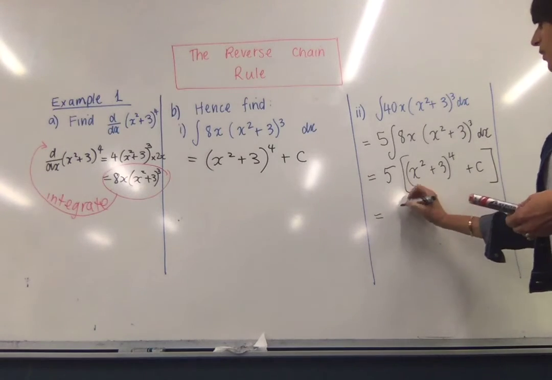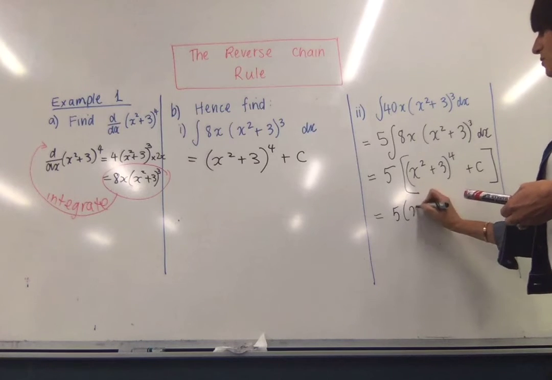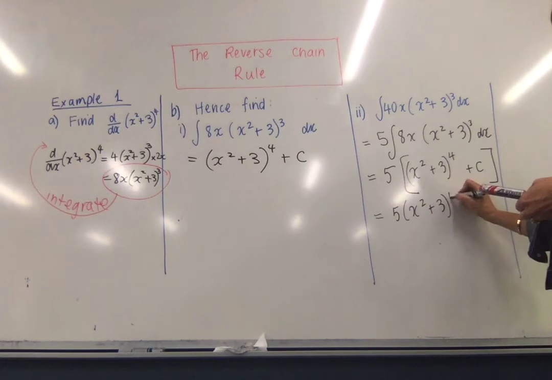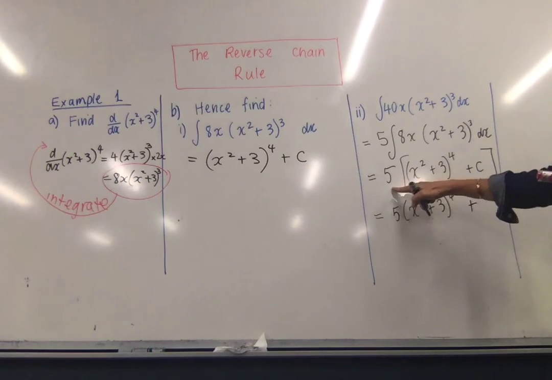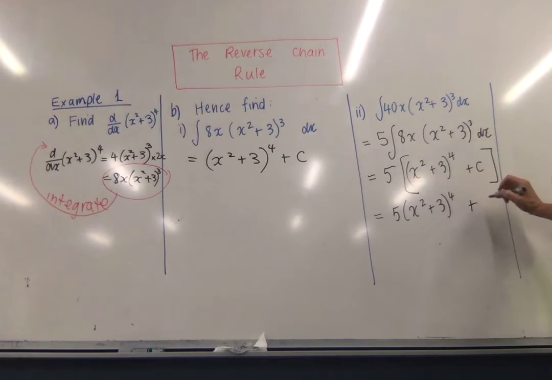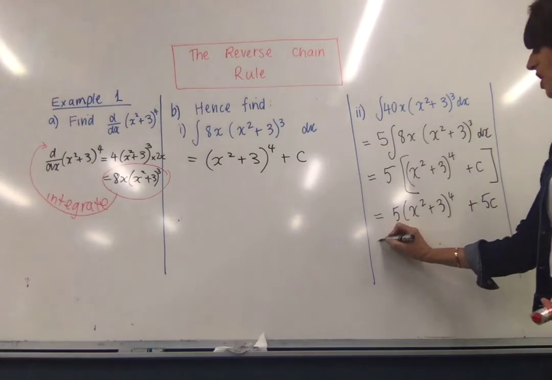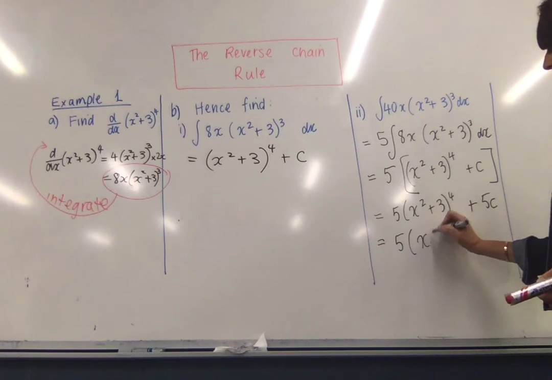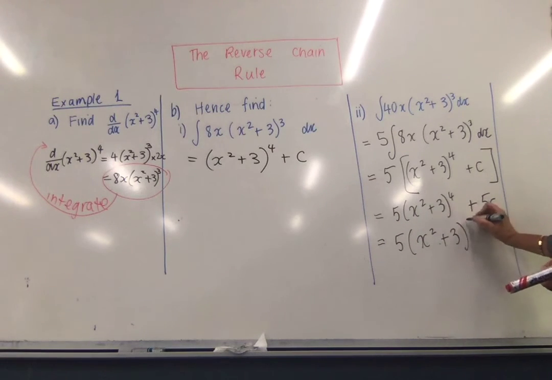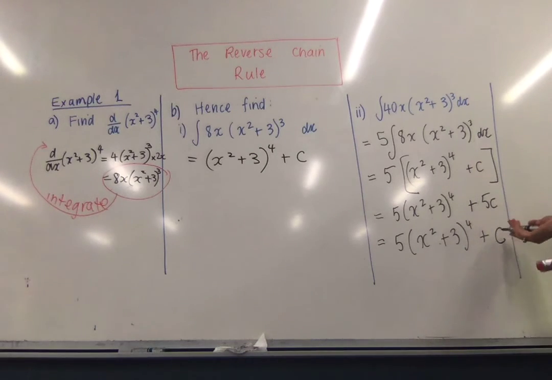So now we'd say that this is 5 times (x squared + 3) to the power of 4. And I know you're probably tempted to go, well, I've got 5 times c, which is 5 times my constant. But 5c, well, the constant, we don't know what it is. 5 times some constant is still going to give us a constant. So all I need to leave this as is 5(x squared + 3) to the power of 4 plus a constant c. We don't need to write 5c.